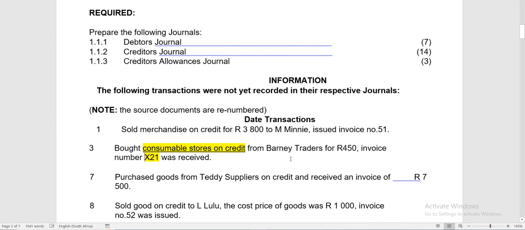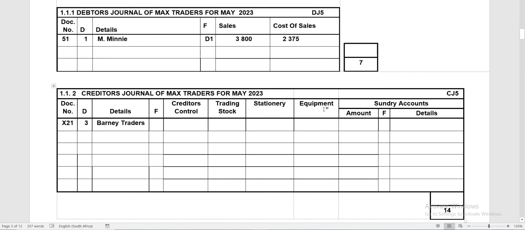According to here, we bought consumable stores, and the amount is 450, and because it's on credit, we'll record it in the creditors control. We don't have a consumable stores column here, so it will come in the sundry account as 450, and we'll explain that this is for consumable stores, and then we're done recording this transaction.